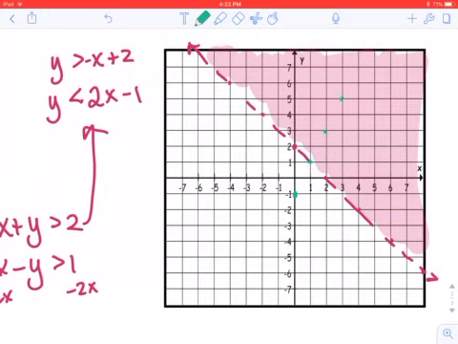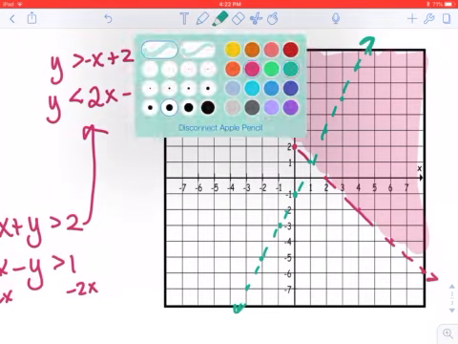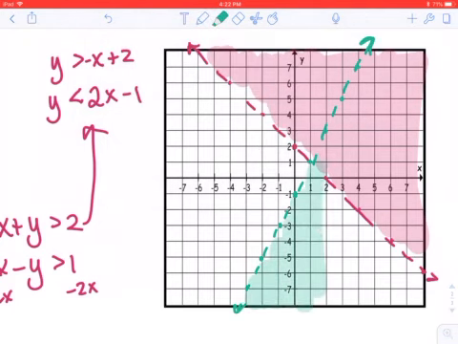Positive 2 is my slope. Again, a dotted line. This one, y is less than, so I'm going to shade below that line. And I see my double shaded region, this lovely black color right here.